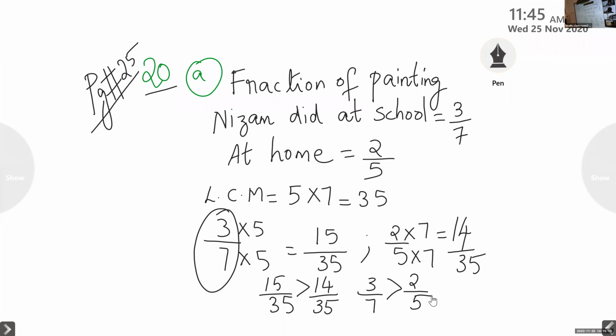So the last sentence you can write. The last sentence is, therefore, Nizam painted more in school. So children, you can write that.